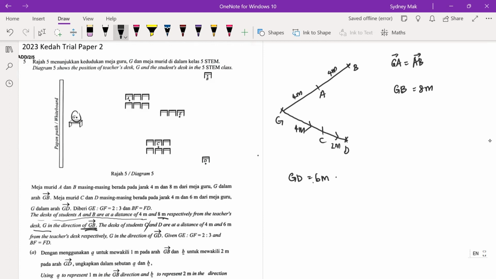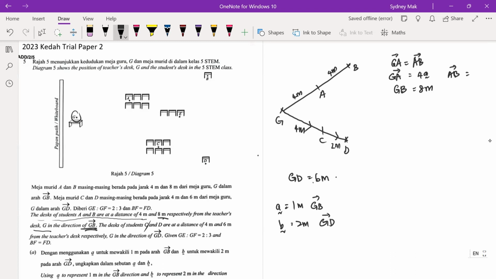Then, by using the vector A to represent 1 meter along the GB, and vector B representing 2 meter along the GD, you look at this: every 1 meter, the vector is A, which means GA equals 4A.